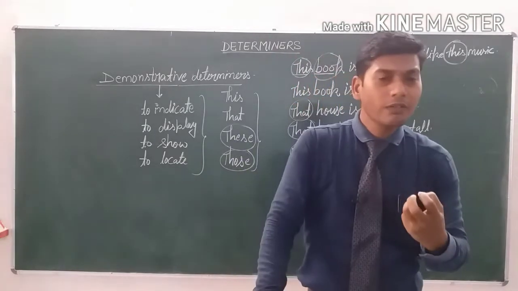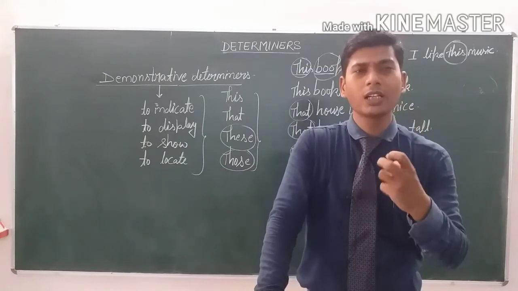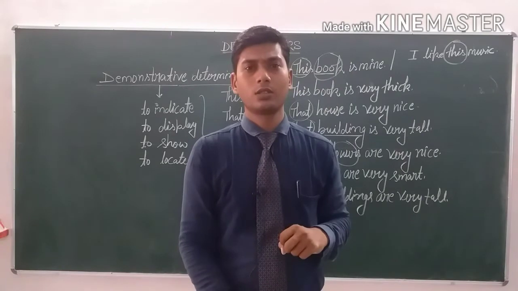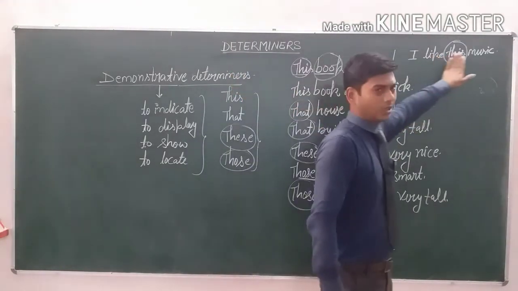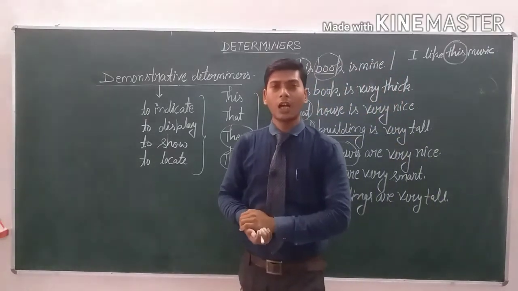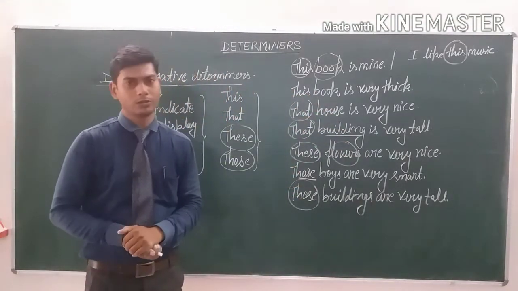The music is very near to the speaker or reader, it means the speaker is listening to the music, so he or she is expressing this sentence. I hope you understood very well, and all the statements I have noted in your copy.